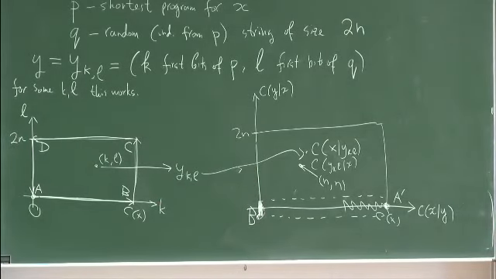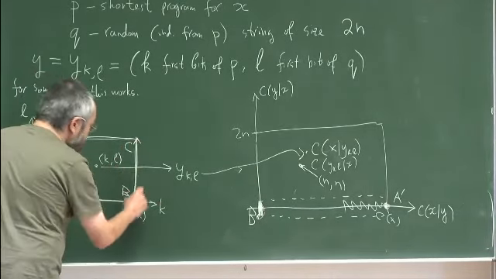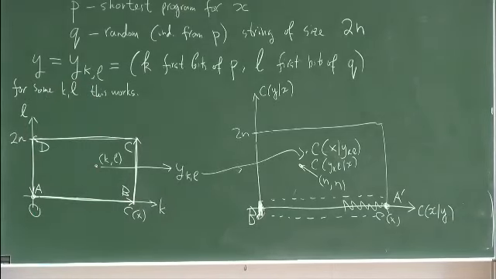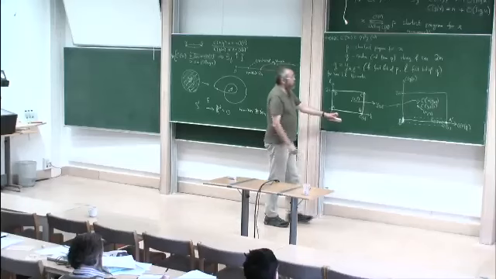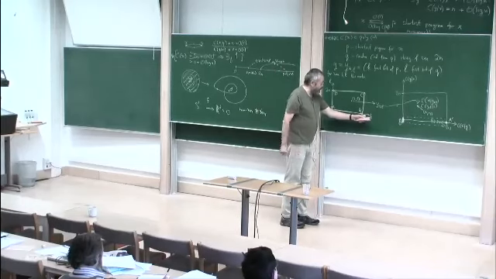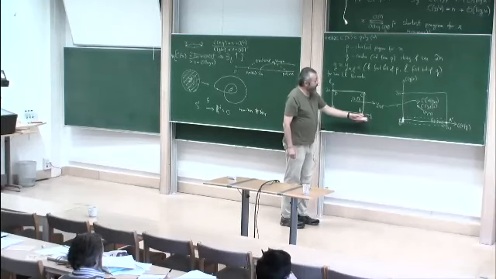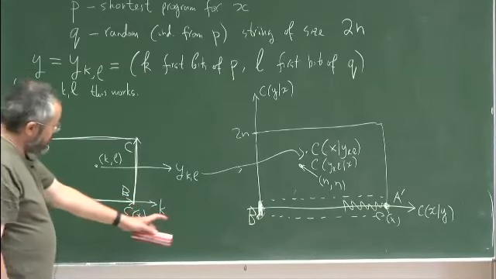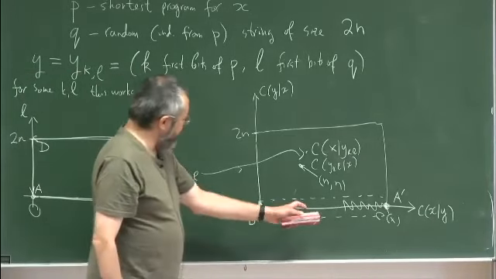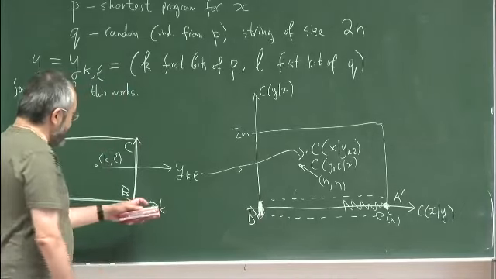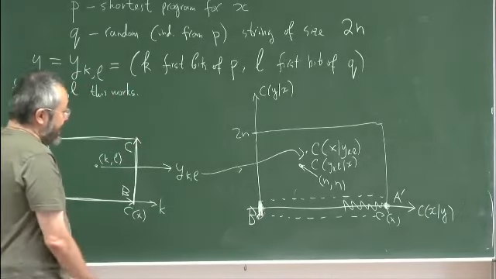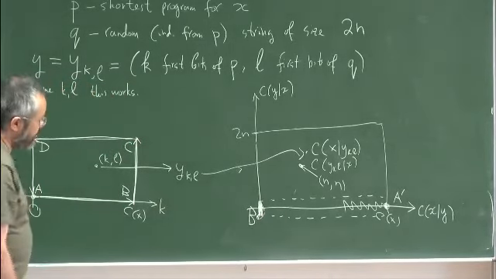And you may guess what is happening then. When we go from B to C, we start adding random bits to our Y. So Y is now a complete program for X plus some random bits. Still the complexity of X given Y is 0, and the complexity of Y given X increases now because of these random bits.